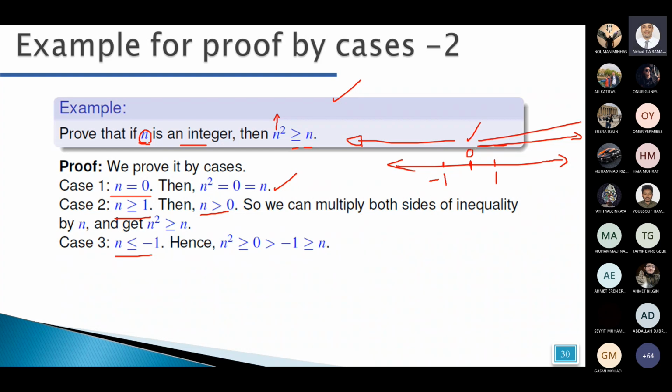So it's more than 0, not including 0. This is correct. Now multiply each side by n. Okay, this one, n to power 2, is still more than 0.